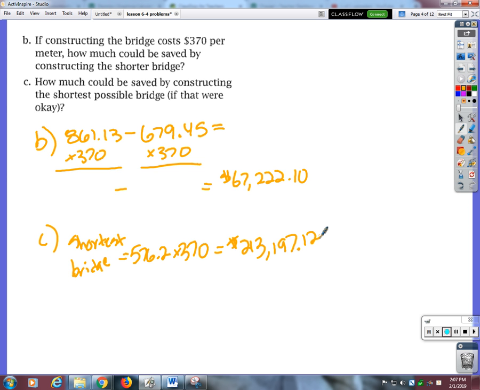Because you subtracted that from this number? What was this number? For how much would it cost to build the shorter of the two bridges? Okay. And then when you subtracted those two, you got 38,000... Sorry, one more time. 381.